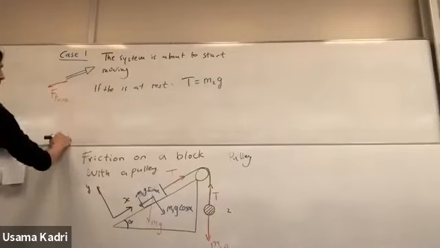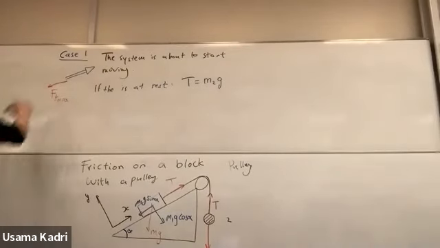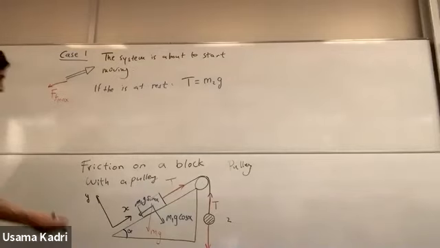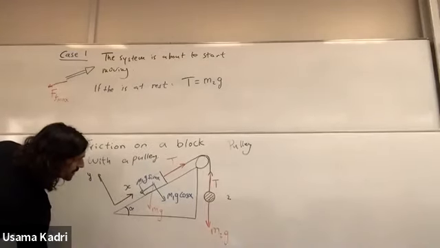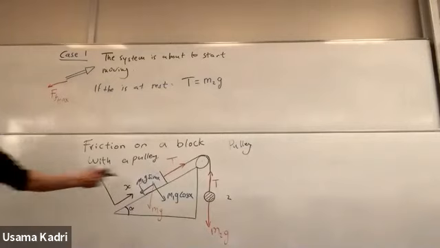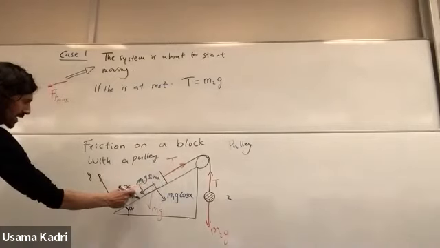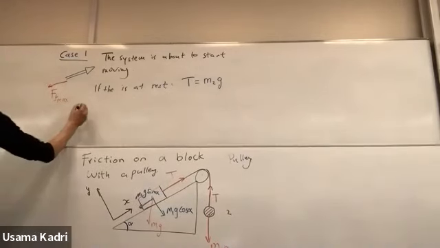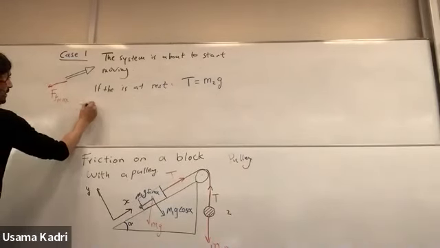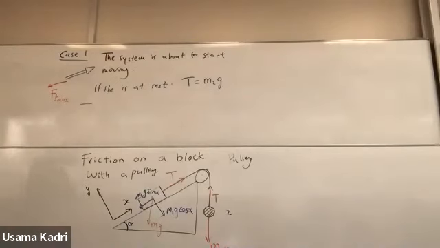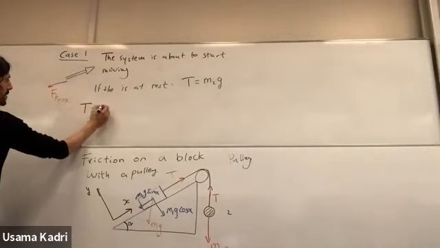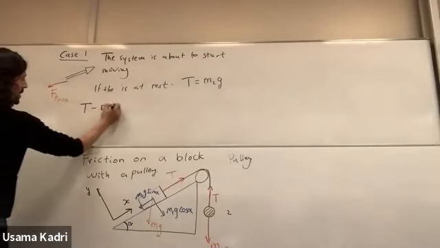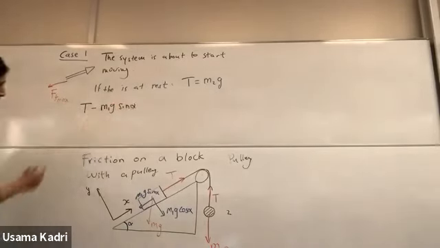All right, so let's go back to this case. It's just about to start moving, so I can write Newton's second law. On the first object we have T minus m1g sine alpha.